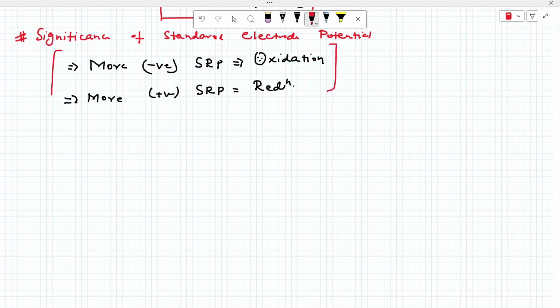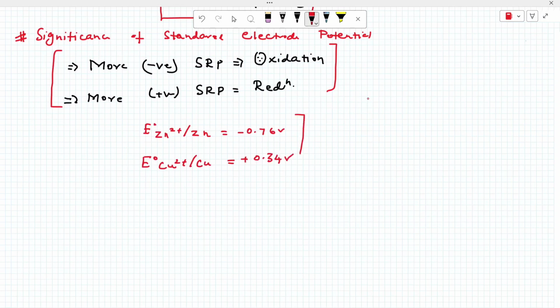Now I give two SRP values. First we have to find the SRP; if it is given as SOP, we convert it to SRP, then we discuss the concept. Now, the E naught of Zn 2 plus and Zn is minus 0.76 volt. Similarly, the E naught of copper 2 plus and copper is plus 0.34.